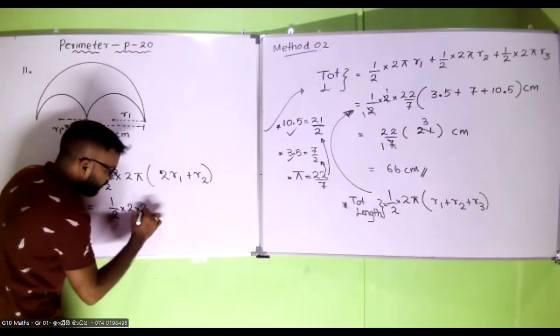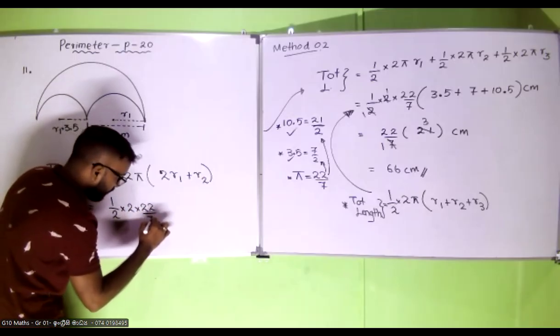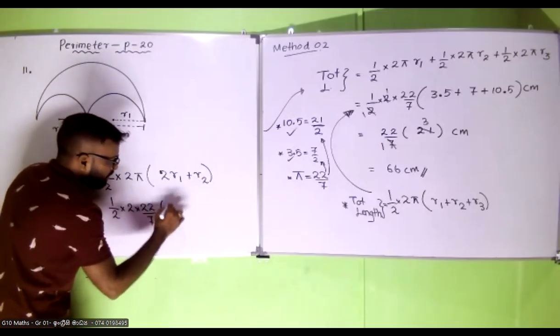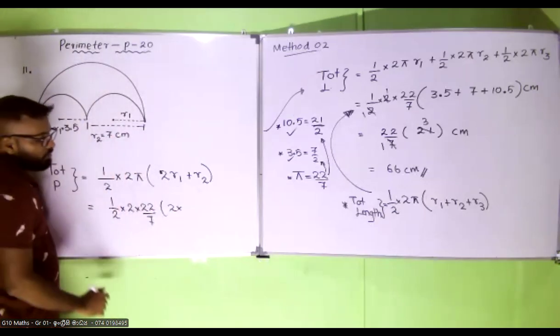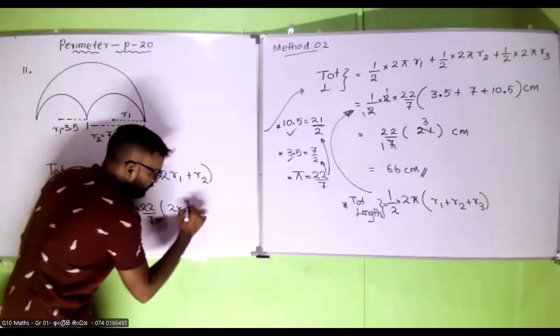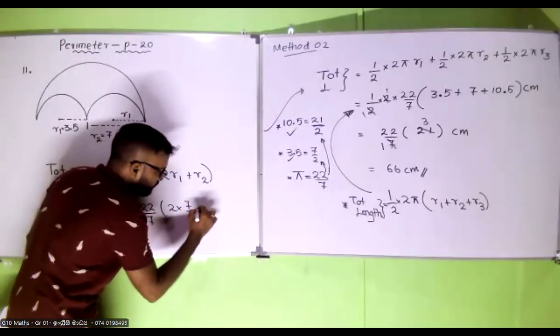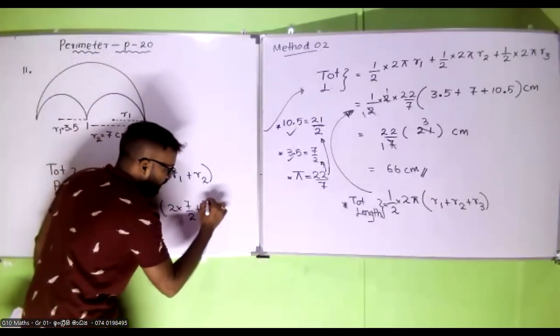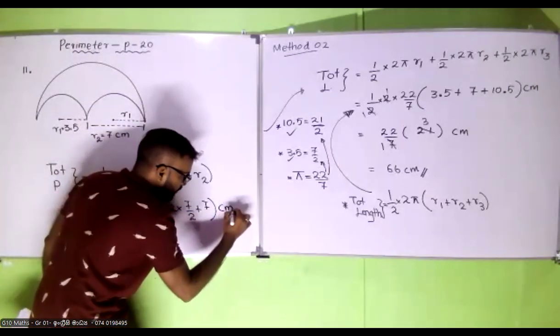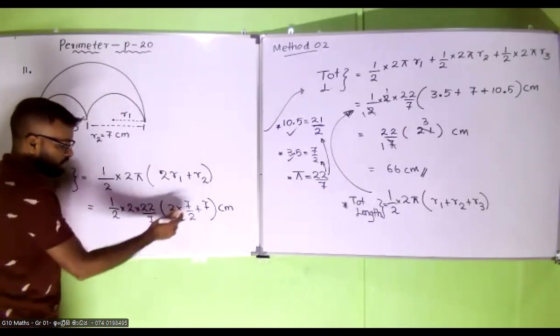π means 22 upon 7. Here 2 times R1 means 3.5, so I will use 7 upon 2, plus R2, 7, and all of these lengths are in centimeters. Now, nice.